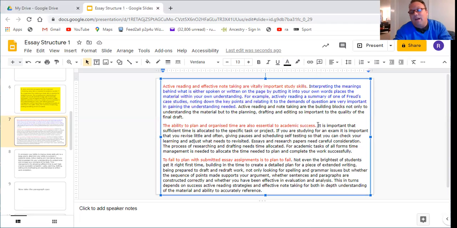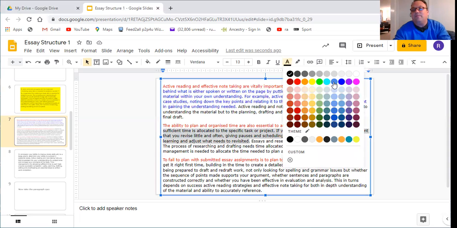Again, if you look at the paragraph below, this does a similar element of support.